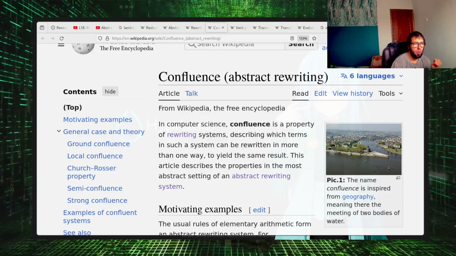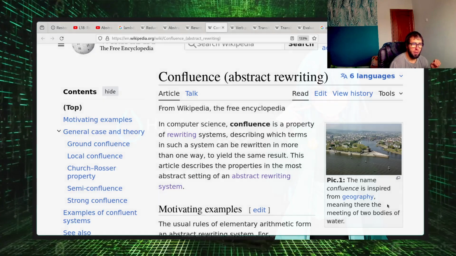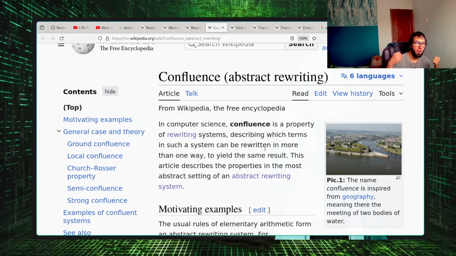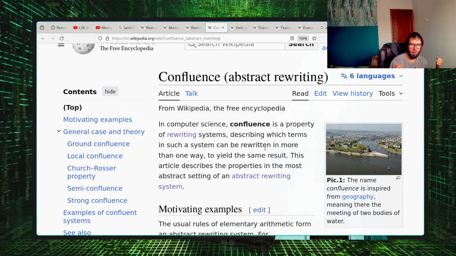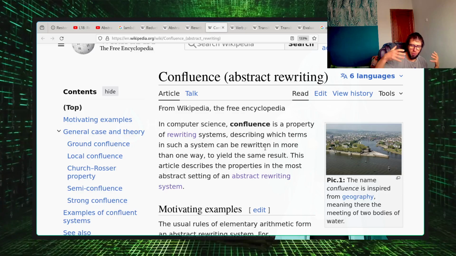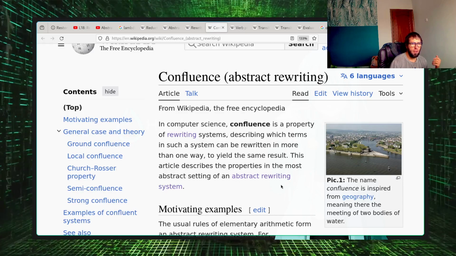In computer science, confluence is a property of a rewriting system describing which terms in such a system can be rewritten in more than one way to yield the same result. This notion is inspired by geography, and it has the meaning of the meeting of two bodies of water.